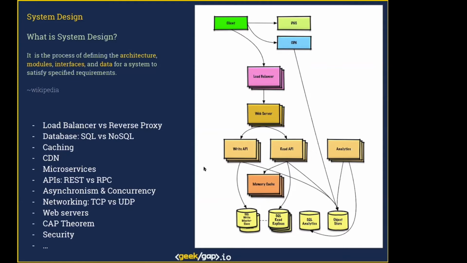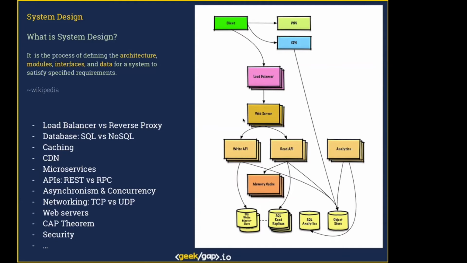All right. So what is system design? Really, the best definition I could find was on Wikipedia, and it's a really appropriate definition. It defines system design as the process of defining the architecture, modules, interfaces, and data for a system to satisfy specified requirements.